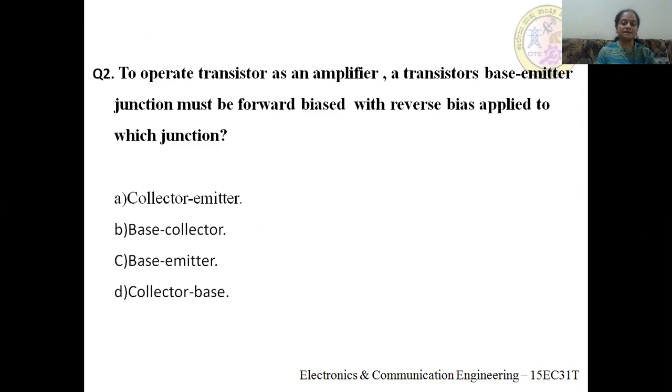Active mode means the input is forward biased and the output is reverse biased. When we talk about amplifiers, CE is the most commonly used one. In CE, base emitter is the input circuit and it is forward biased. Then the reverse bias is applied to the collector and base. So the answer is B.